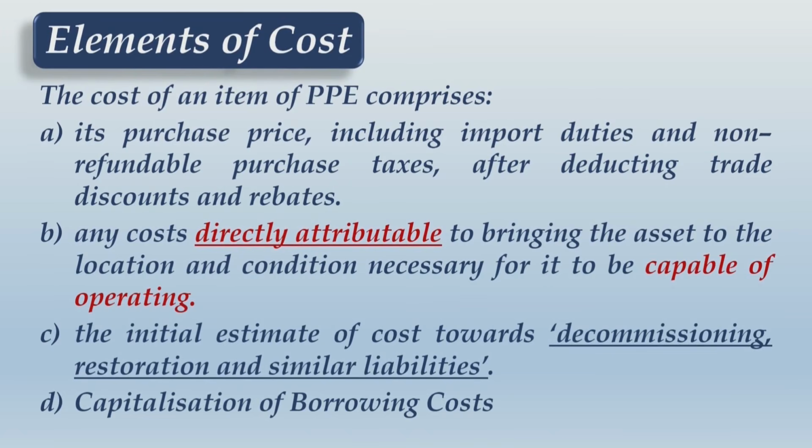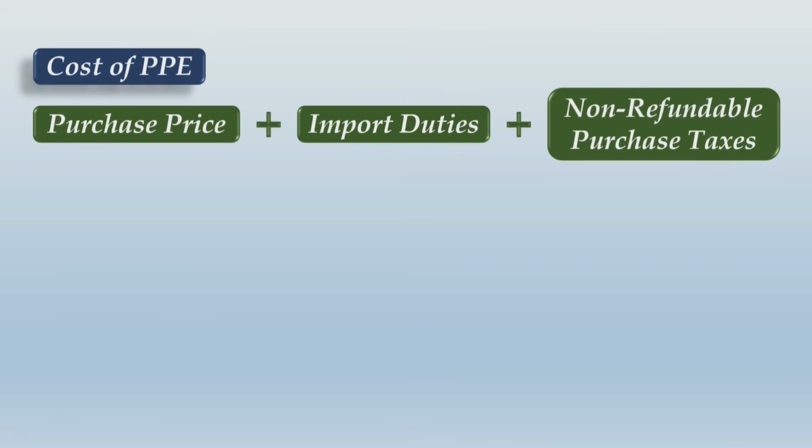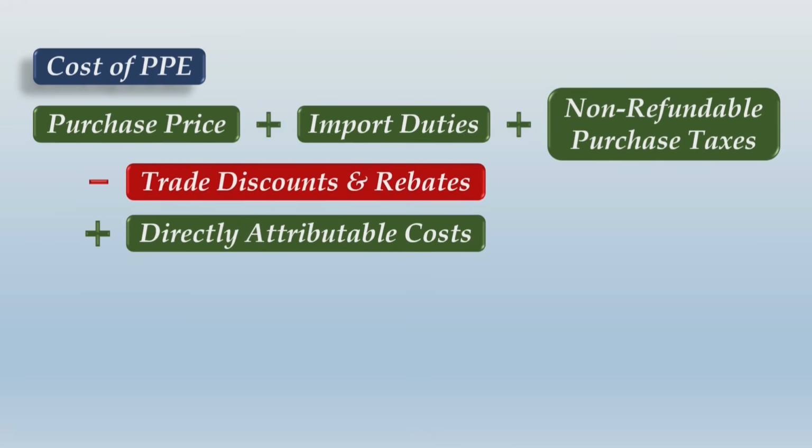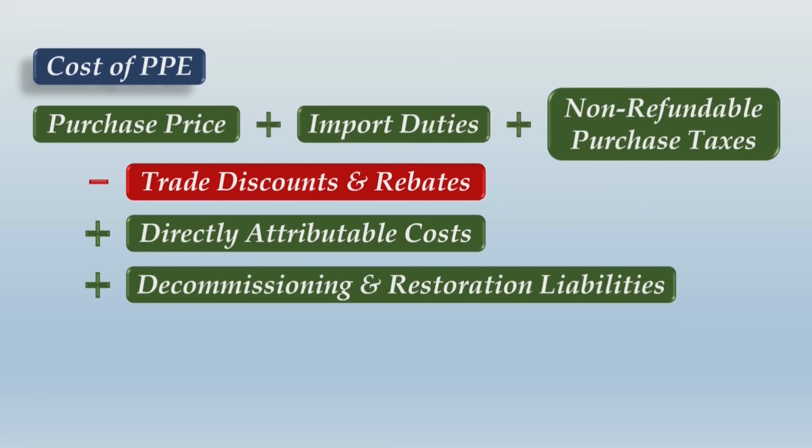Alright friends, once you have completed writing this whole thing, let us move ahead and summarize what you have written. Cost of PPE will be its purchase price plus import duties plus non-refundable purchase taxes minus trade discounts and rebates plus directly attributable costs plus decommissioning, restoration and other liabilities.